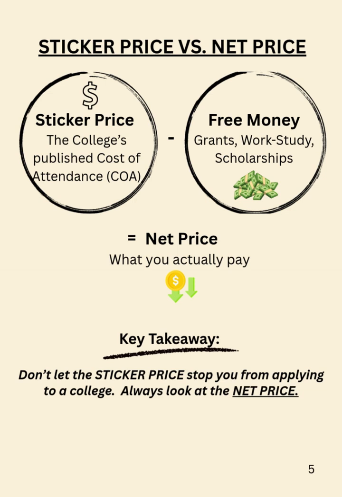You can also include loans in there, even though it's not free money, but still, it will be subtracted from the sticker price. Loans will be included in the free money area, even though it's not free. And then once you subtract that from the sticker price, you get the net price, which is what you will actually pay.